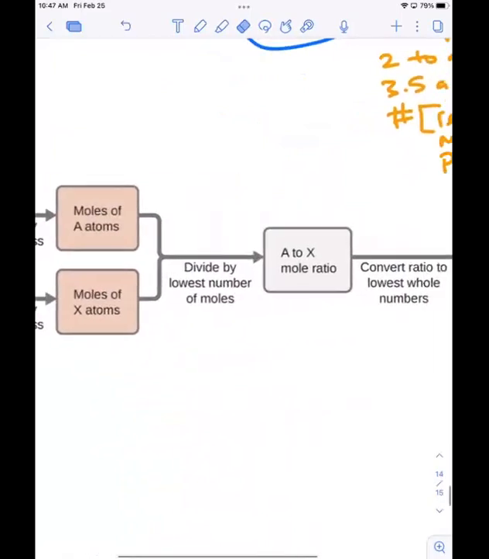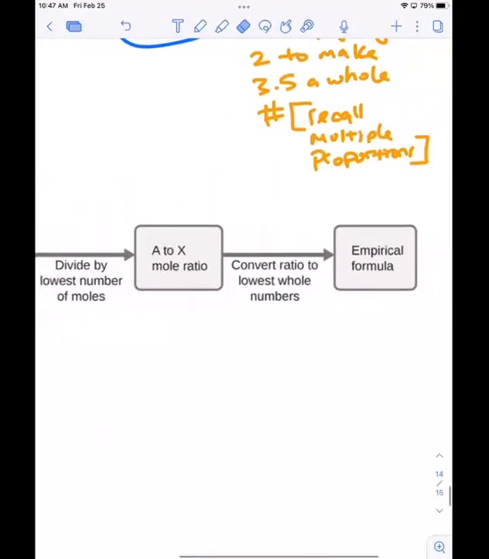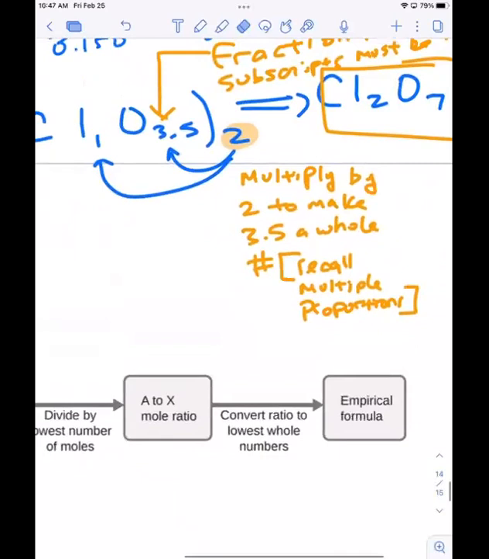Then you divide by the lowest number of moles to get the mole ratio. Then you convert to the lowest whole numbers, which normally you won't have to do. But in this case, we ended up with a fraction, so that's where that conversion part comes from. If there's no fractions, then what's left is your empirical formula.